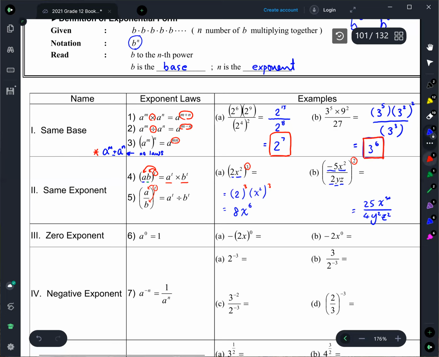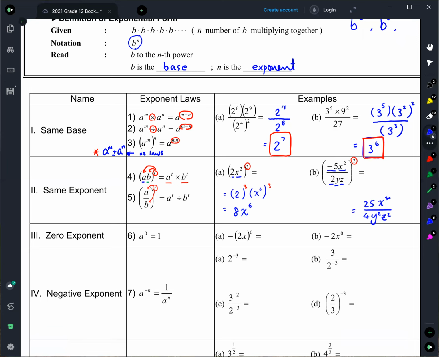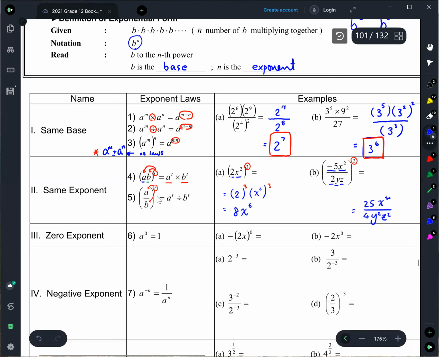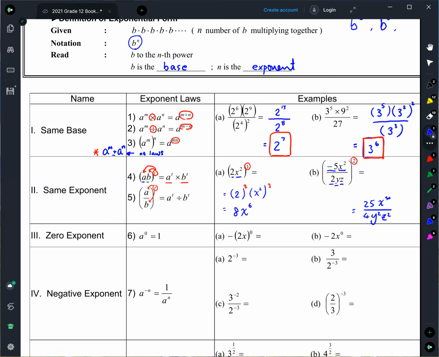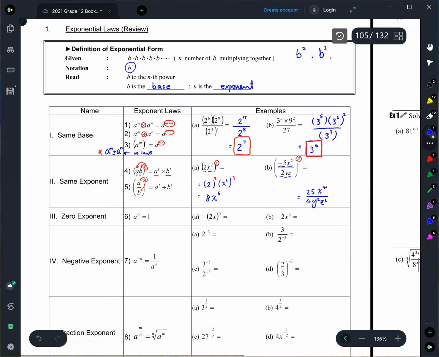Okay. All right, so anyone has questions about this one? Okay, so because the square also affects the negative, right? So -5 times -5 makes it positive, okay? So remember, if the negative is in the brackets, it'll be affected.